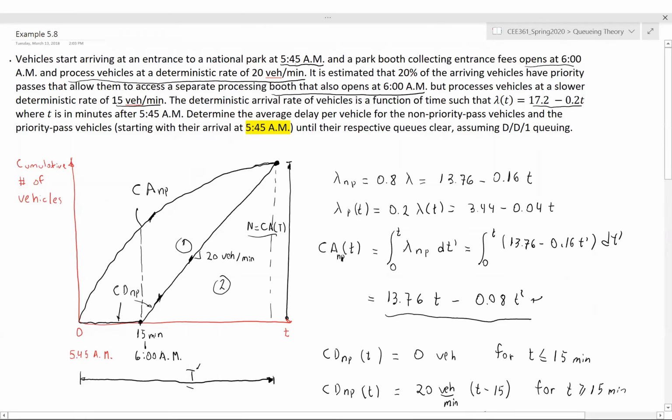My lambda was this, right? Lambda starts positive at time 0. Over time, it gets smaller and smaller. After 50 minutes, lambda of NP is still a positive value, 11.36 vehicles per minute. We start with a rate here, a slope of 1376, and over here the slope is 1136.